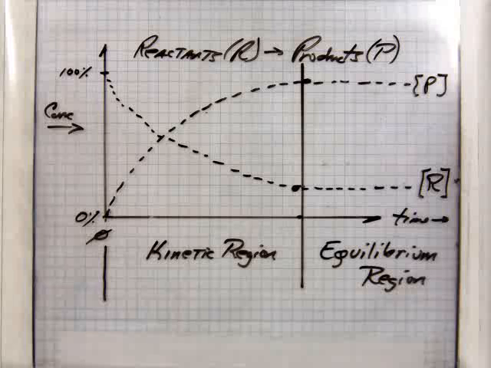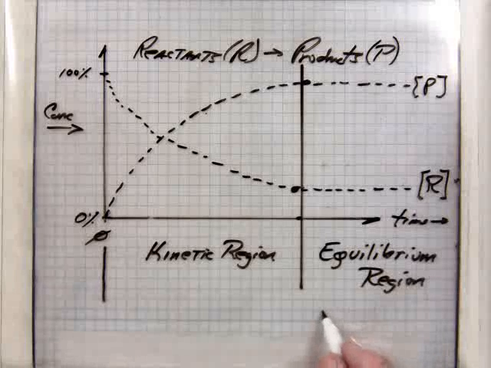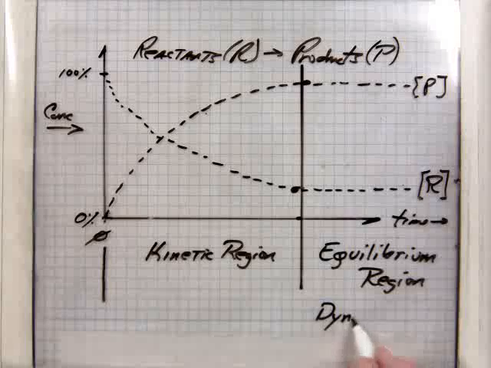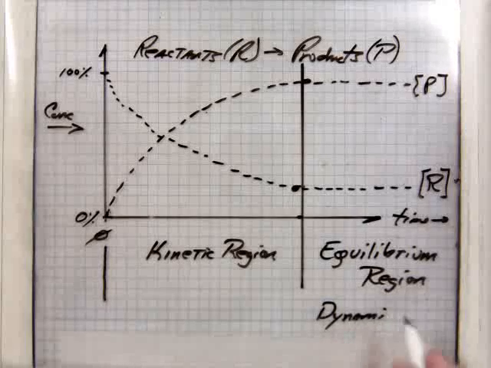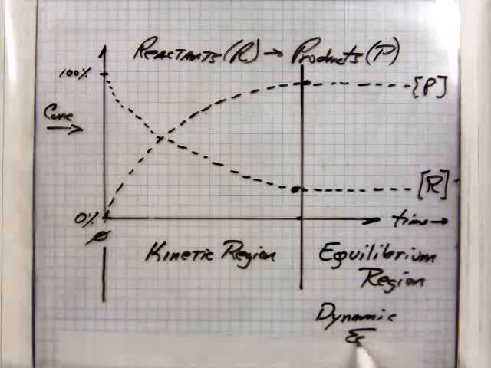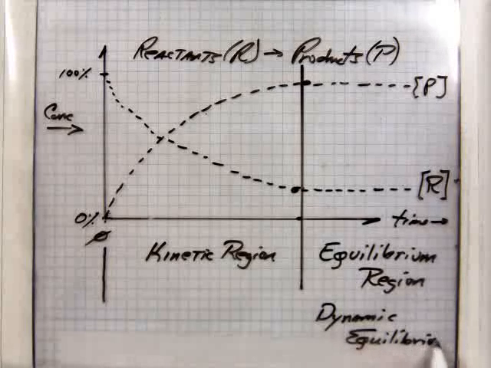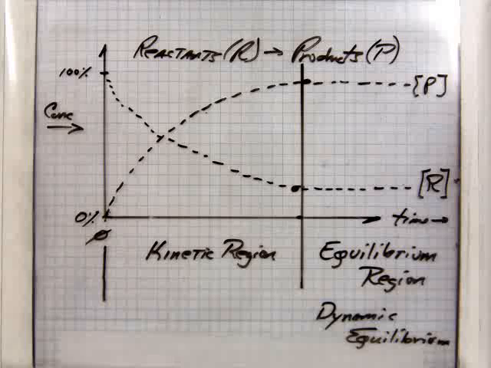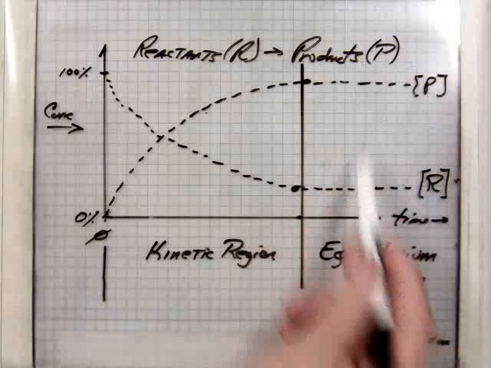Here we're in what is referred to as a dynamic equilibrium, in which we find that there is no apparent visible change in concentration of the reactants and products.